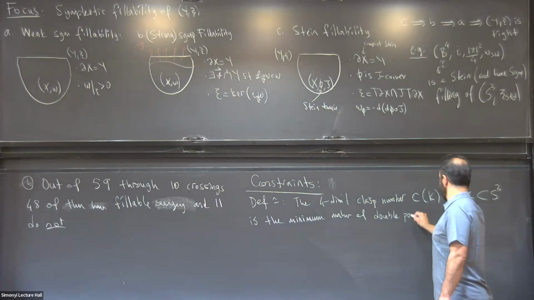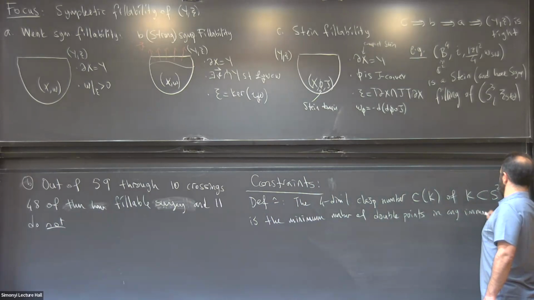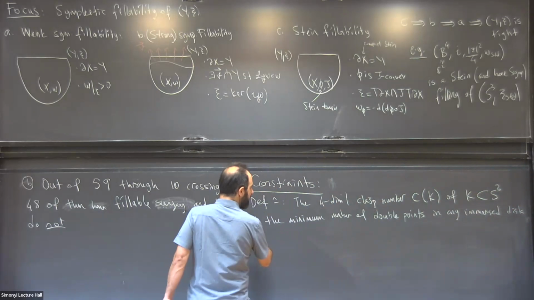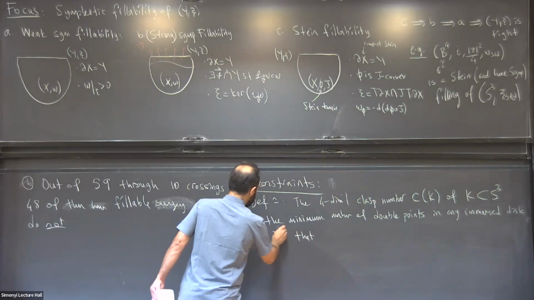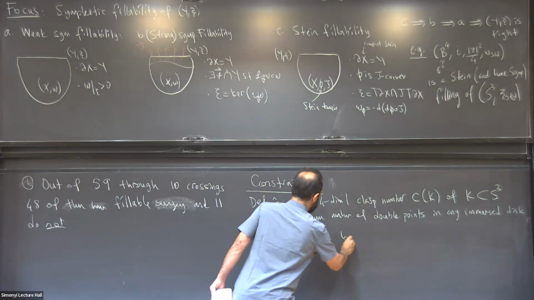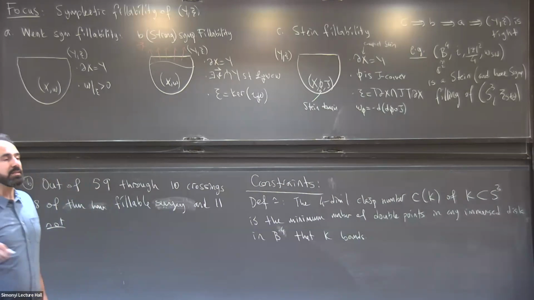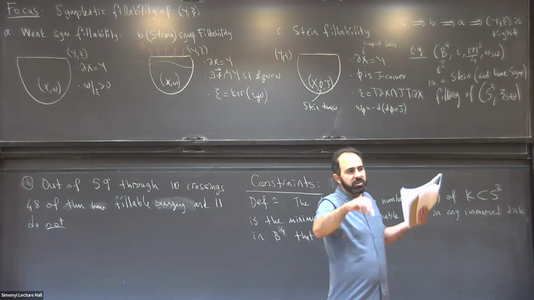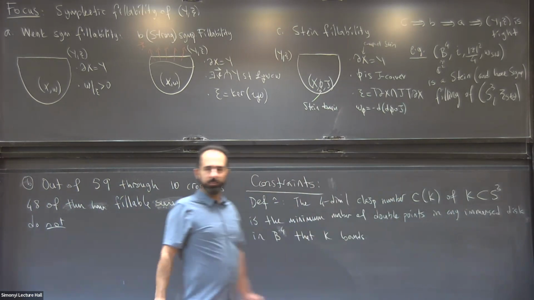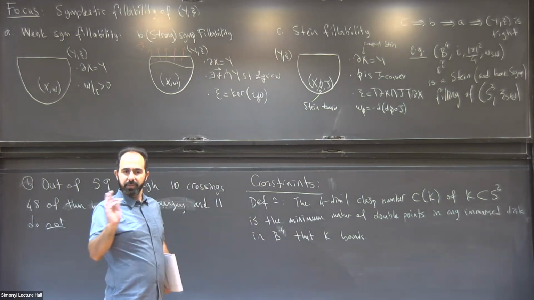Double points in any immersed disk in the filling that K bounds. Among all possible immersed disks inside the filling that K bounds, you can always make the singularities double points with sign, and the minimum one is your clasp number. Okay. You can always smooth the double points to get a smooth surface, but that might not be an efficient way.